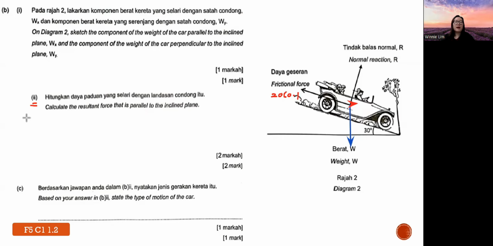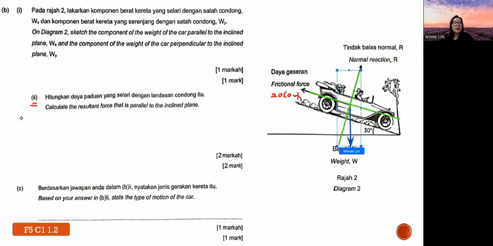Some students may find it hard or are not sure what to do. Another best way, I always tell students, is to draw a cross on the object on the inclined plane, like this reference. It is easier for you to redraw the components which are perpendicular to each other.